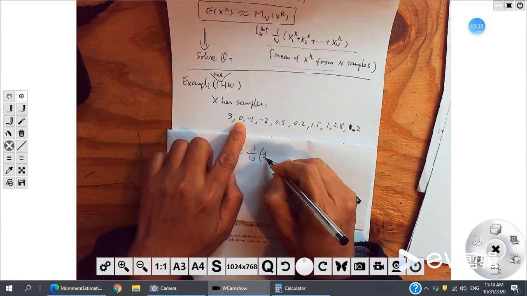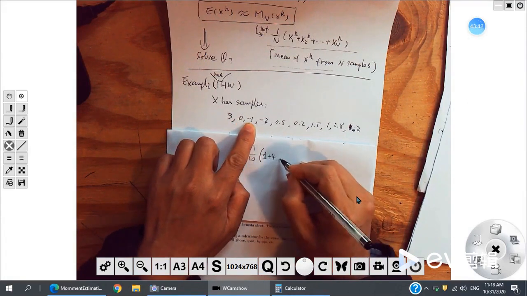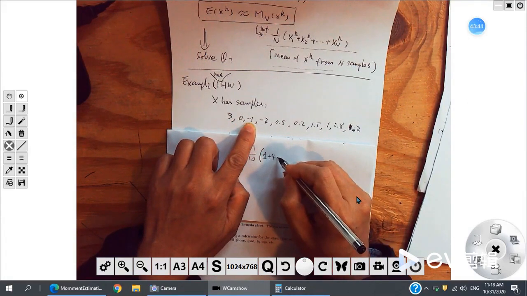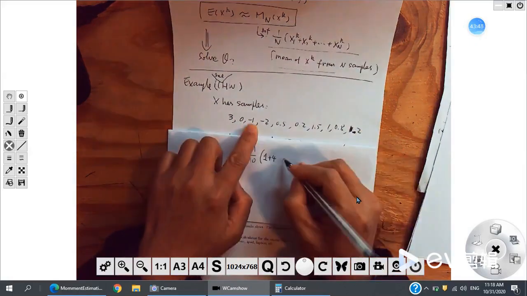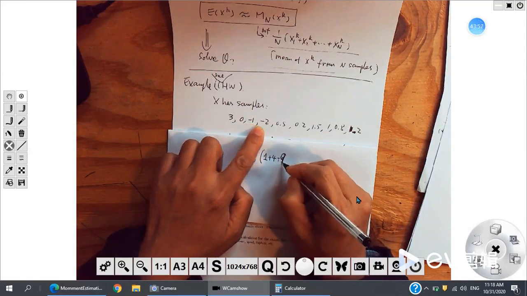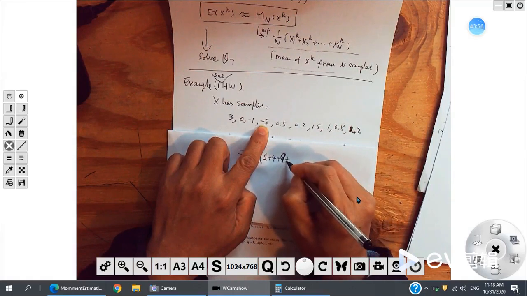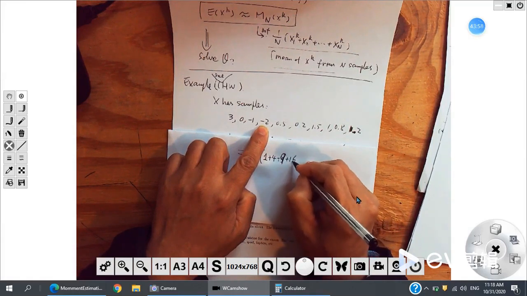Then 0 minus 2 squared is 4. Negative 1 minus 2 squared, that is 3 squared, it's 9. And negative 2 minus 2 squared, that is 4 squared, 16.